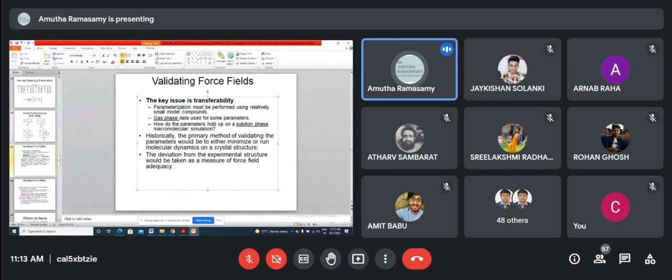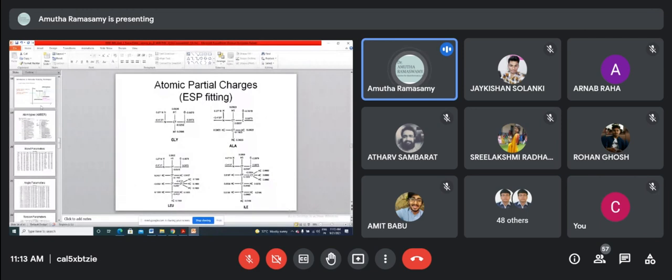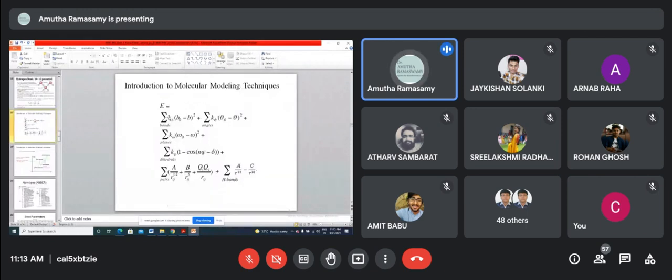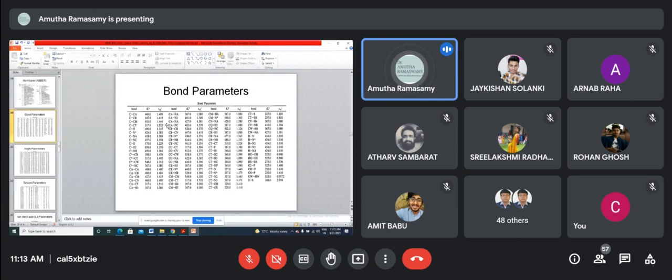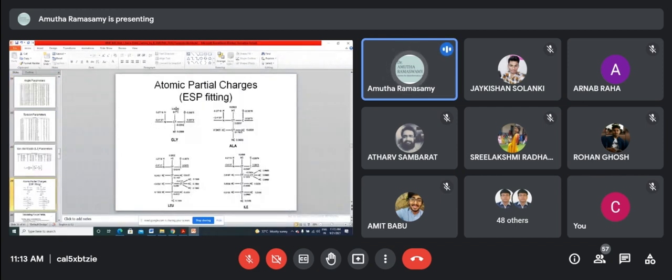What is the parameterization? Identification of proper KV, proper B0, and the proper range of B. And accordingly, identification of this force constant, equilibrium distance. And accordingly, you have to calculate the necessary charges which are distributed to make this unit neutralized.